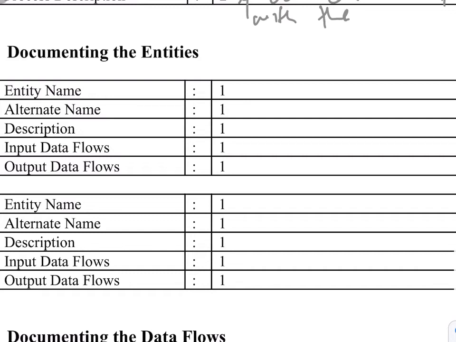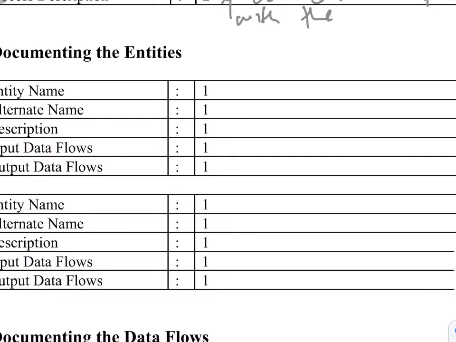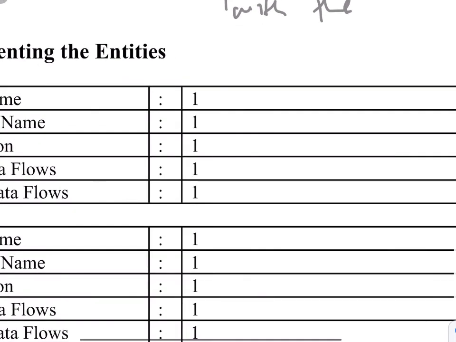Example, kalau siapa-siapa yang dekat hospital ke buat data sistem pasal klinik, maybe you need to access data from MySejahtera. So meaning that you have 4 external entities. First is MySejahtera system. It's also your external entities. And then the doctors, the staff and also the patients. So tengoklah how many entities do you have. Kalau 3, you have to provide 3, all of them. If you have 2, then 2 lah. If you have 4, then 4. So entity name, bagilah nama. Apa nama entity name? Let's say doctor.